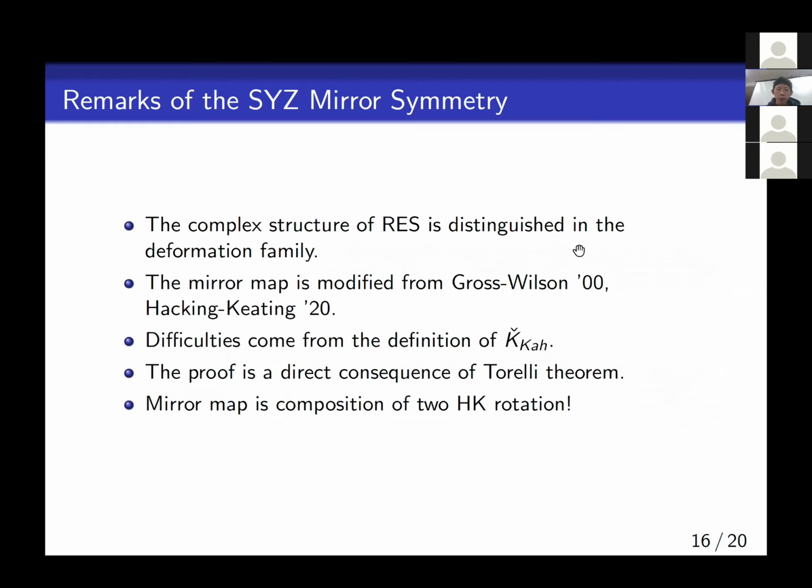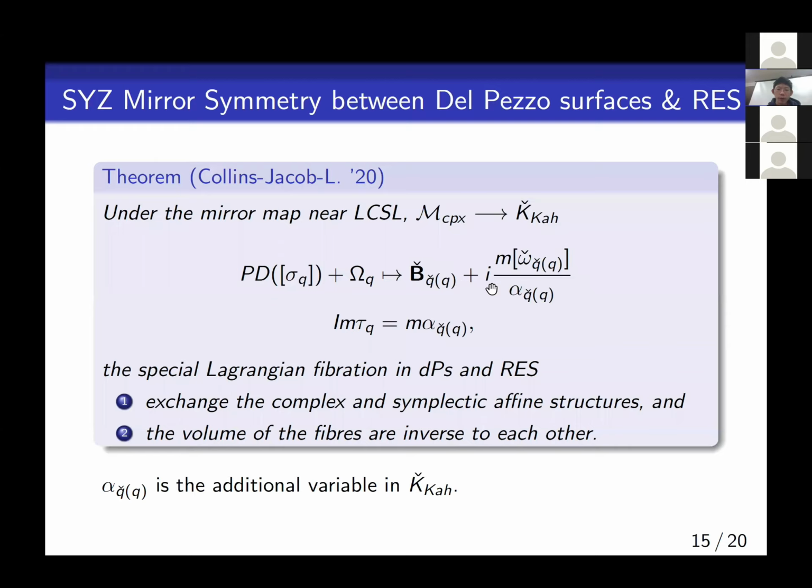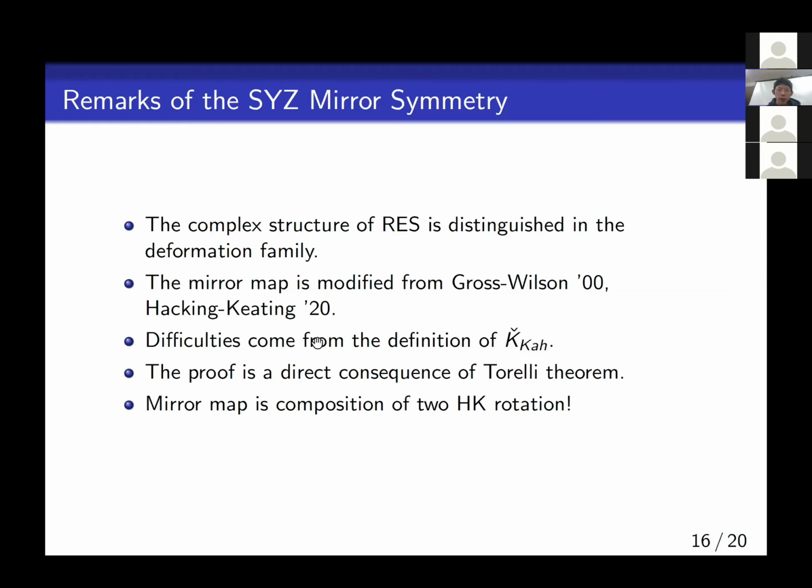So this mirror map is actually not new. It appears in the work of Gross. We modify it because one doesn't see this alpha parameter here. Also there's a similar work of Hacking and Keating.